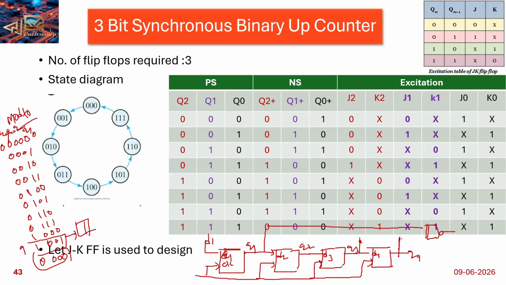So these two are connected to the NAND gate and it is connected to reset. Whenever it sees that Q1 and Q4 are ones, it resets the flip-flops.